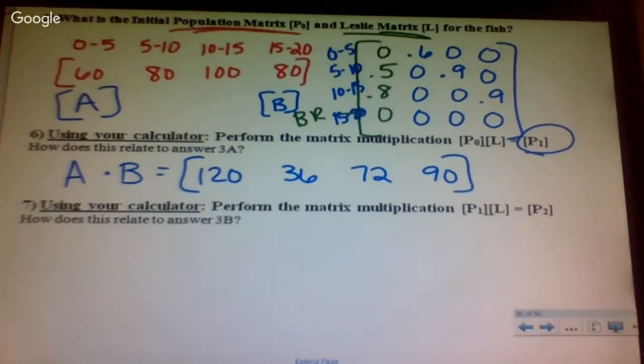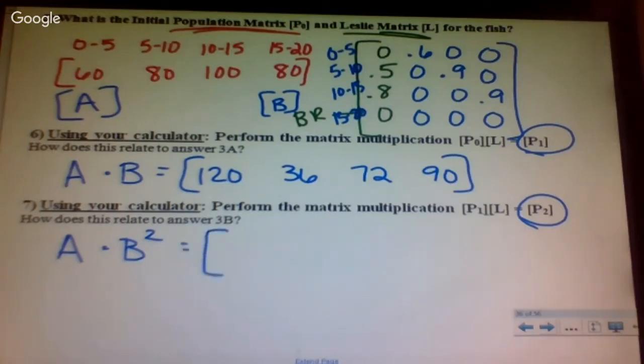I now want 2 transitions. You can always go back and multiply twice, or take your original, matrix A, times matrix B raised to the second power, because you want 2 transitions to happen. That will do the transitions for you instead of multiplying and multiplying.